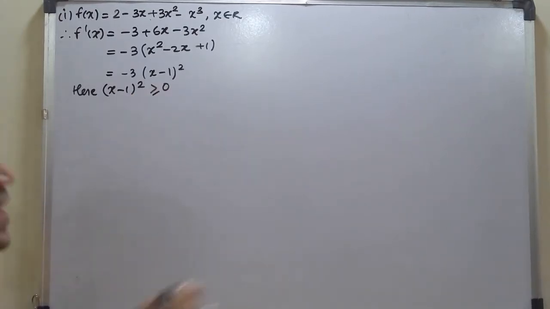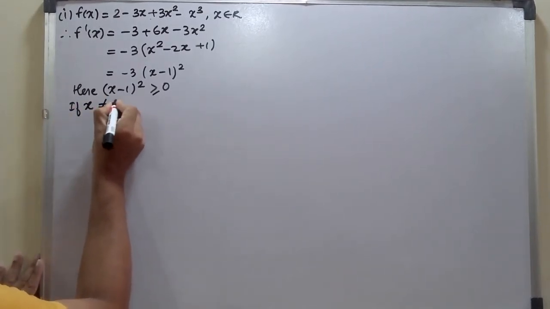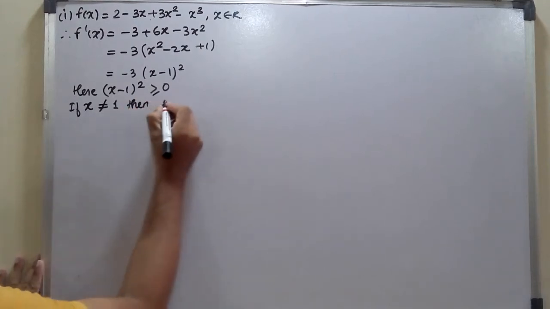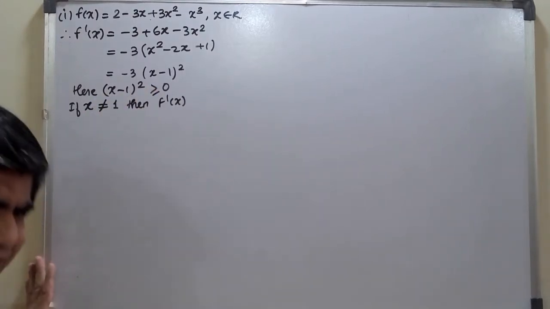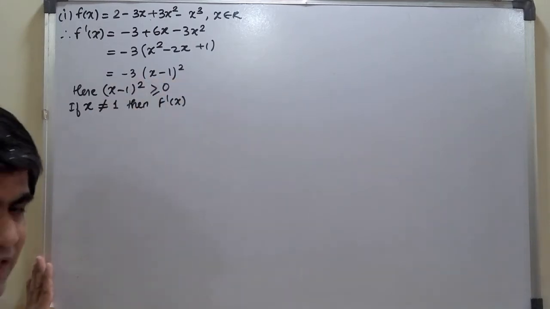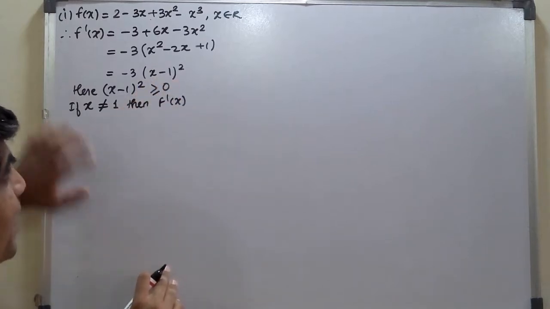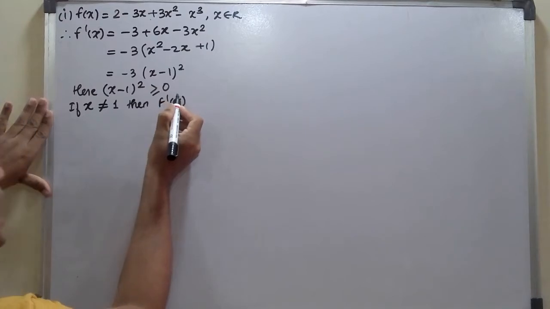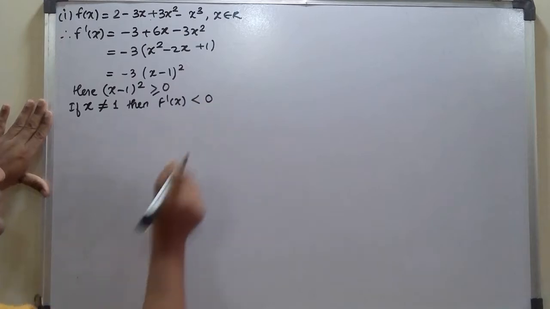Now if x is not equal to 1, then f dash x will always be positive for x minus 1 the whole square, and multiplied by minus 3 will always make it negative.